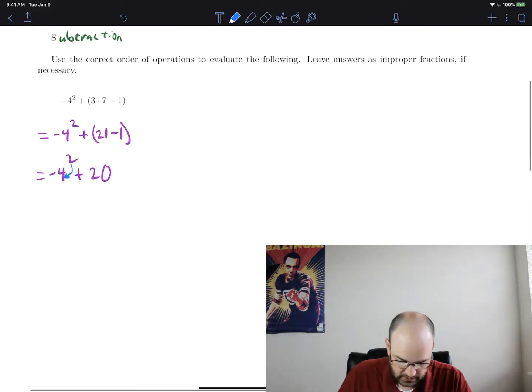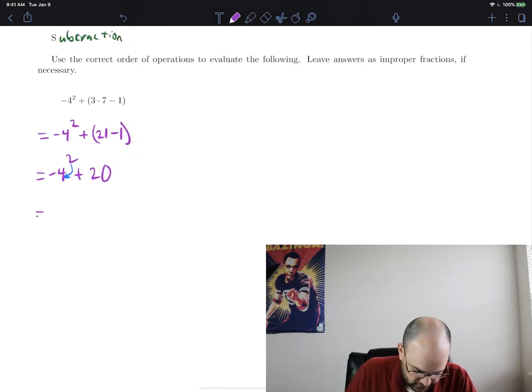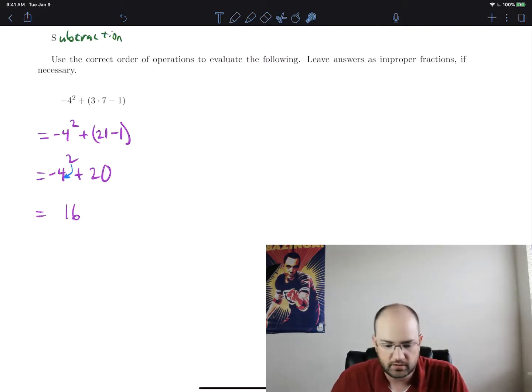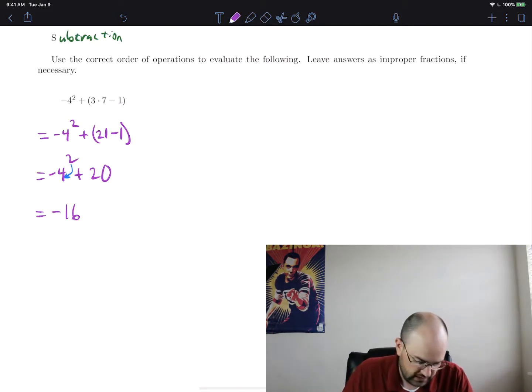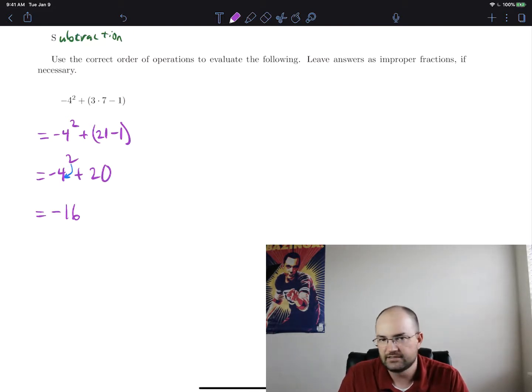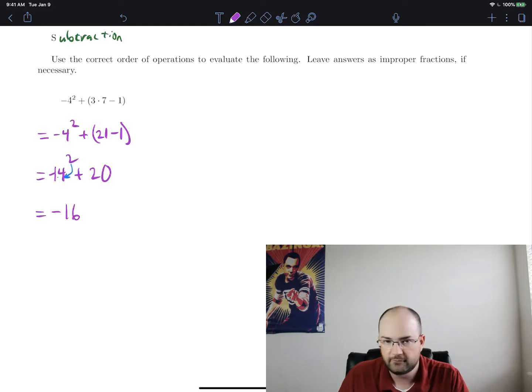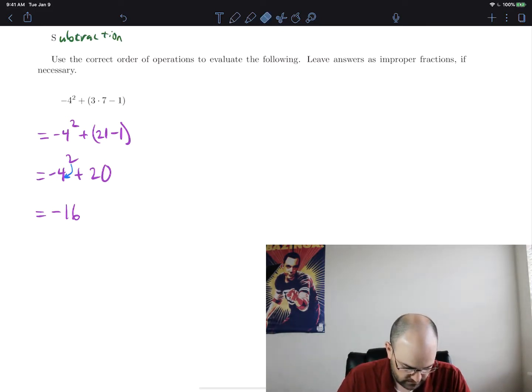Okay, so here, 4 squared is 16, but be very careful. This negative, I've said nothing about it. We haven't done anything with it. It's still there. It's still negative and then 16. You can think of that as negative 1 times 4 squared if you want. Anyway, we get a negative 16 out of it.